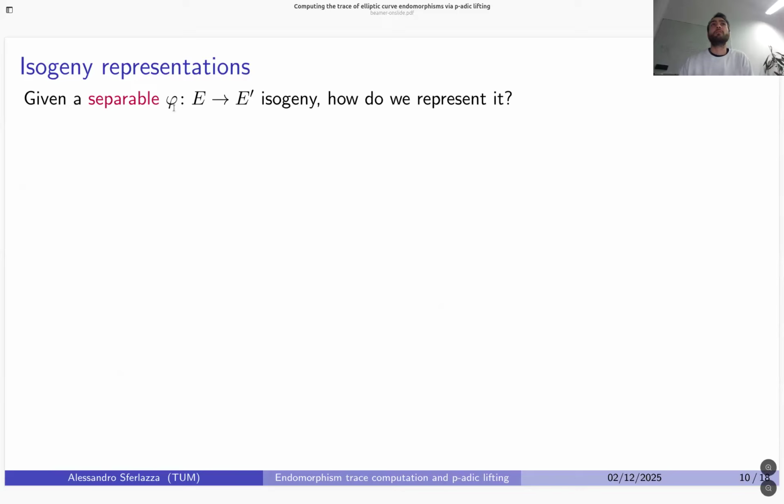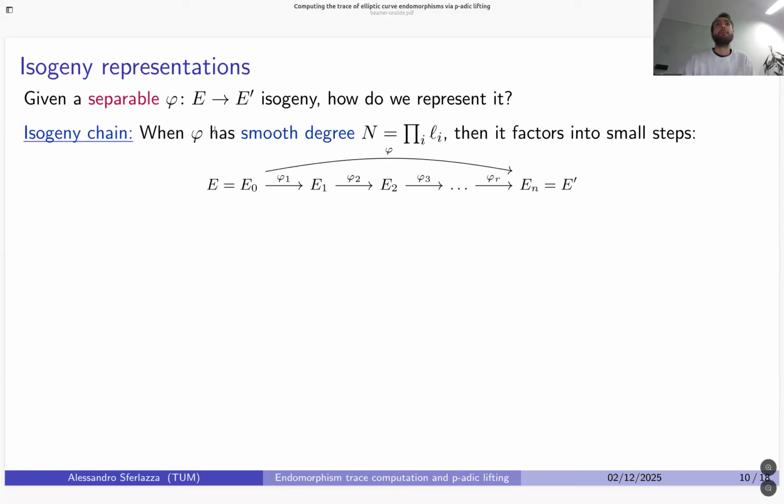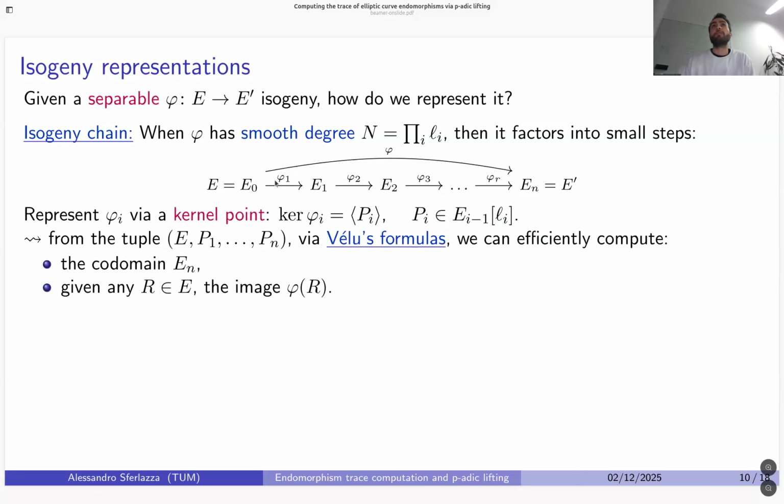Let's say our algorithm is our isogeny. We've got a separable isogeny between two elliptic curves. In case it has smooth degree, which is the most common case in isogeny-based crypto, then the isogeny factors as a long chain of small steps of small prime degree. And each one of the steps can be represented by a kernel point.